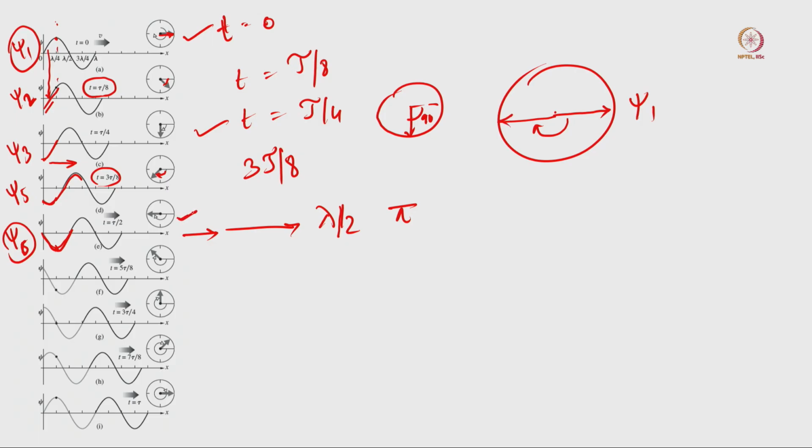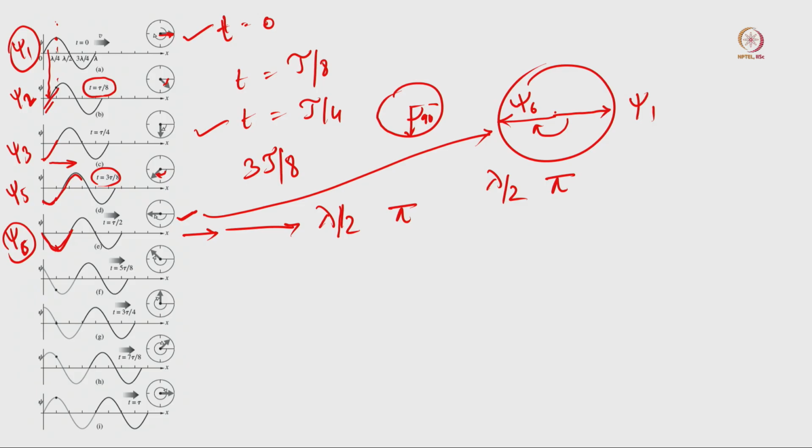And that is represented in this particular diagram. I am also showing it here: this one is wave 1 and this one is wave 6, which has a lambda by 2 path length difference, and it is also in the completely opposite direction. So there will be a pi phase difference between these two waves.